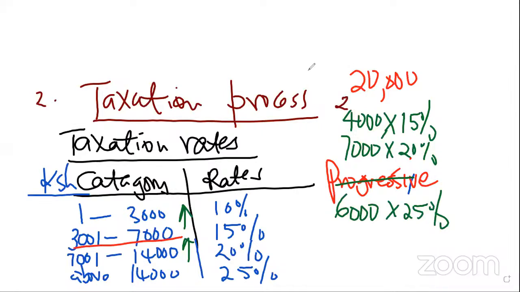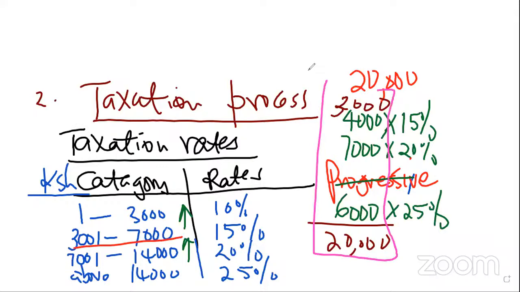So if you do the total here will be 20,000 because I taxed 3, then 4, that makes 7. 7 plus that 7 down there makes 14. 14 plus 6 makes 20,000. So I've taxed my full 20,000, but progressively, step by step, moving every category of the taxation slabs. And that's how we do taxation.